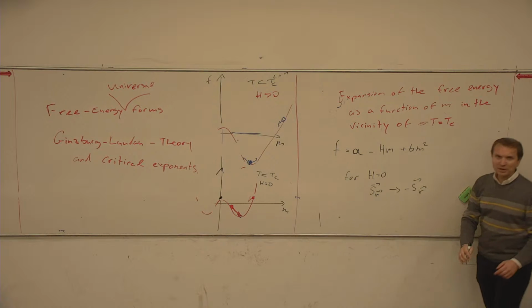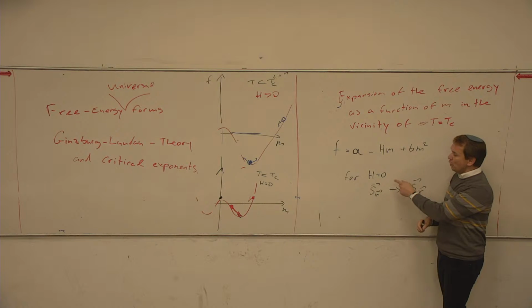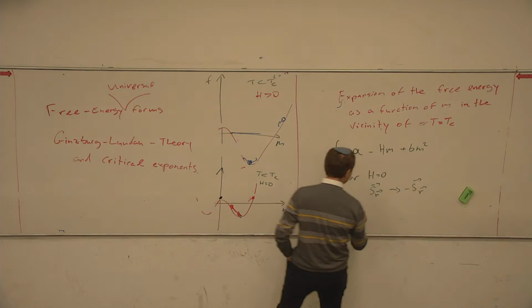If we have two spins pointing in this direction, and we flip everything so they're pointing in the opposite directions now, nothing really has changed inside the system. Why? Because there is no energy due to the external magnetic field, and we only have this coupling energy.